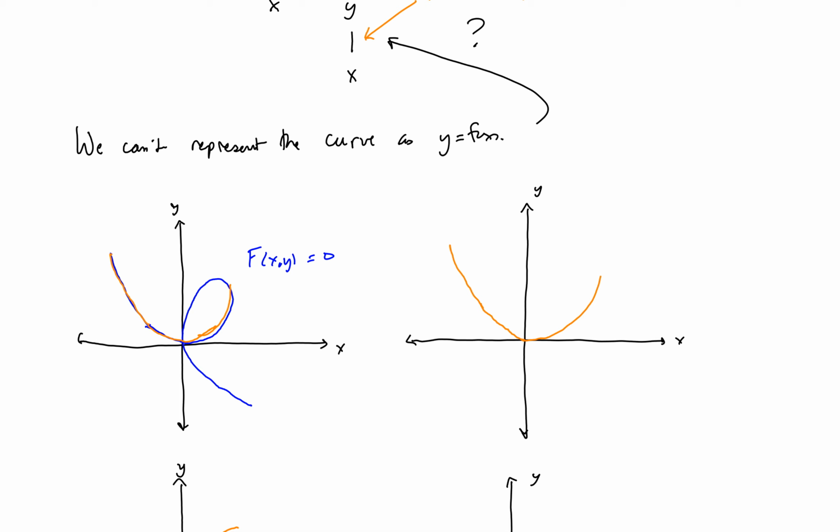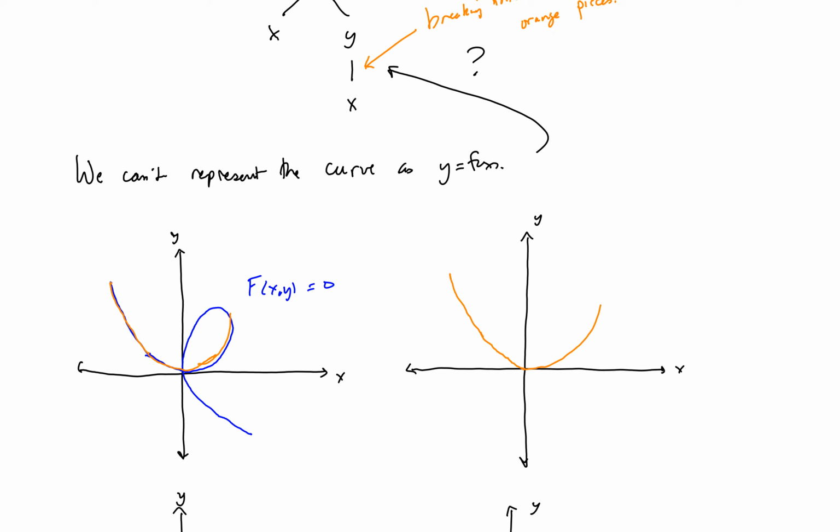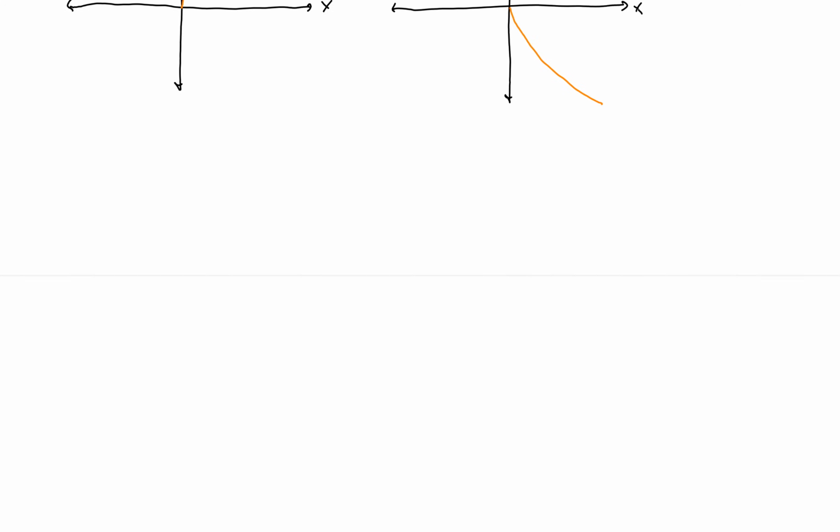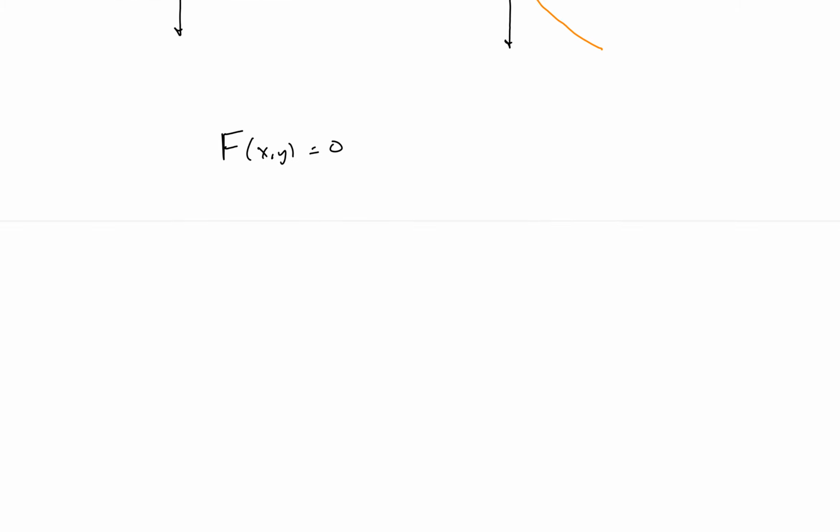So maybe let's recall back what we were doing then. How we found that derivative was we said since we had f of x, y is equal to 0, we use chain rule and take the derivative of each side.